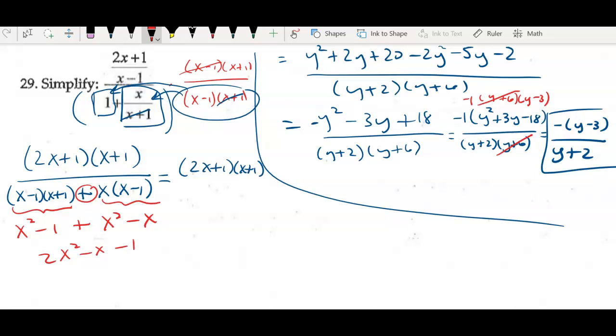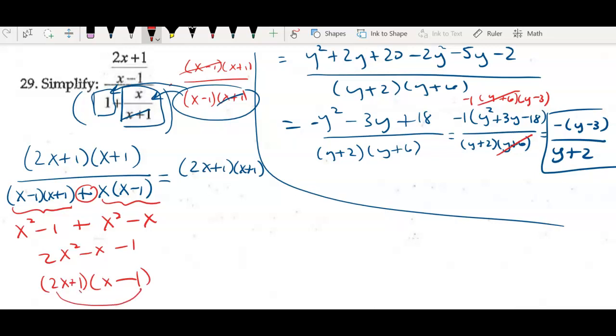Can I then factor that? Well, sure. 2x is x and x. 1 can only be 1 and 1. What would work? One of them has to be negative. I believe it's that one, because that's going to give you negative 2x, right?